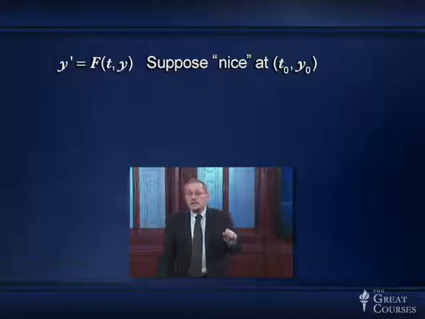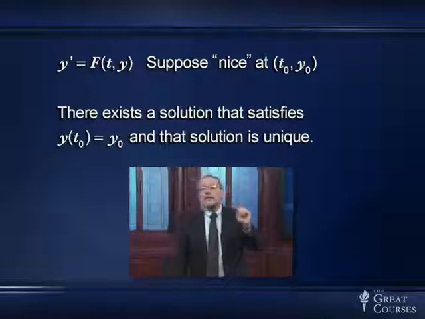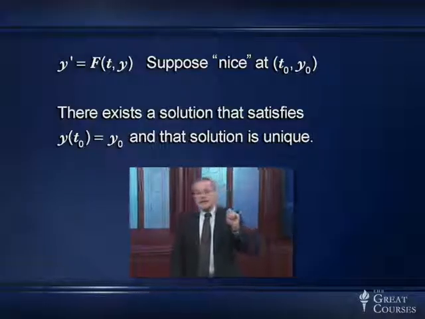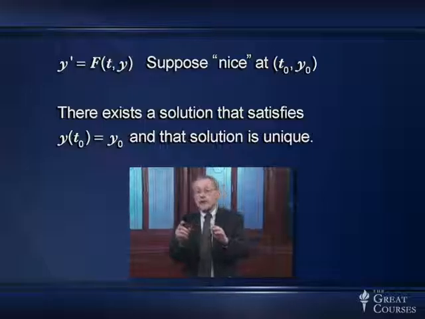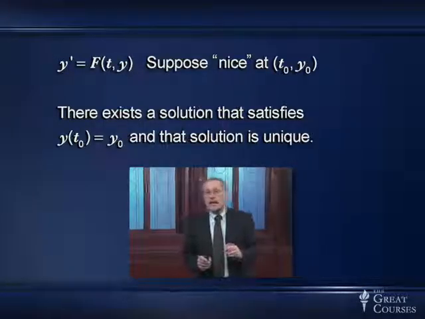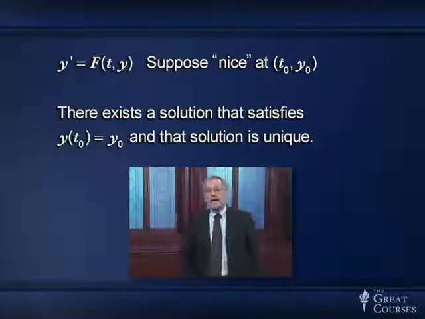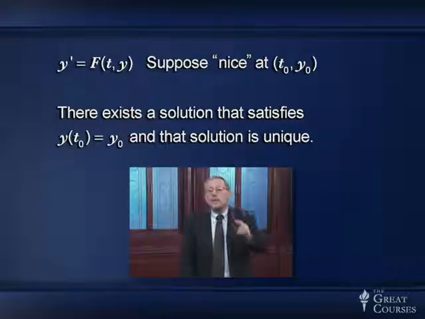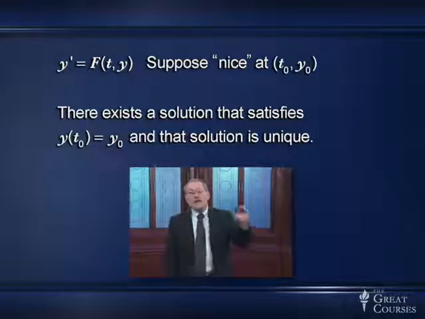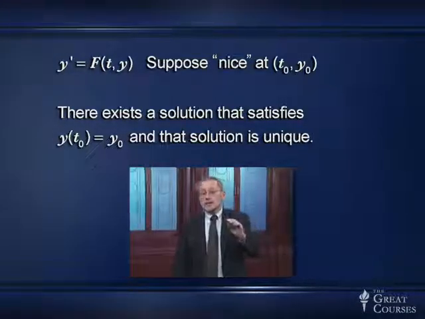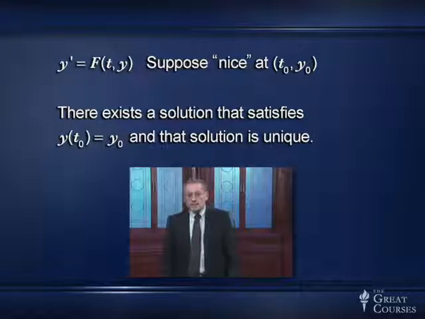Then the existence and uniqueness theorem says two things. First, there is a solution that satisfies the initial condition y of t0 equals y0. Given that point t0, y0, where the right-hand side is nice, there is a solution that satisfies that initial condition. But more importantly, that solution is unique. There's only one solution that passes through the point t0, y0.